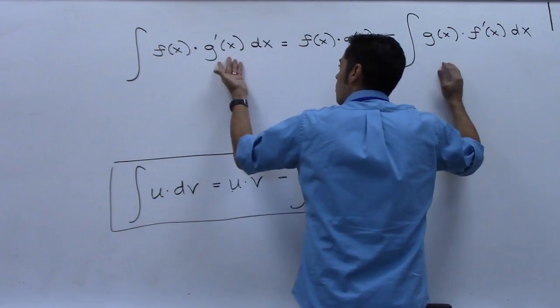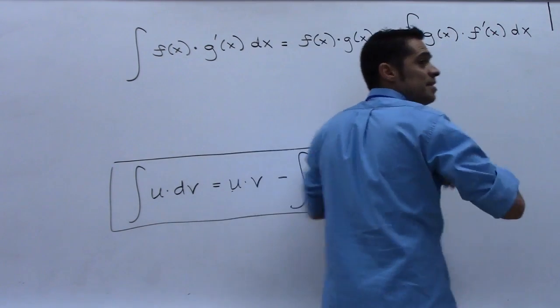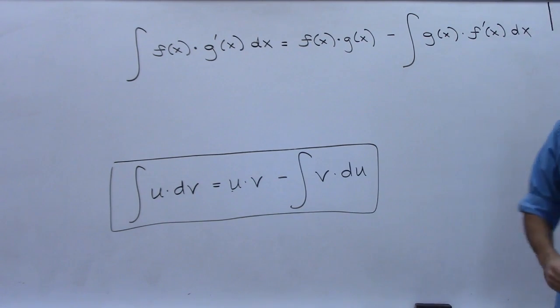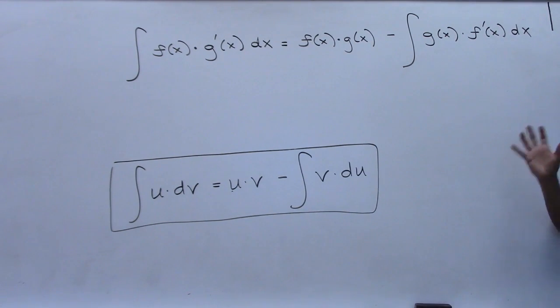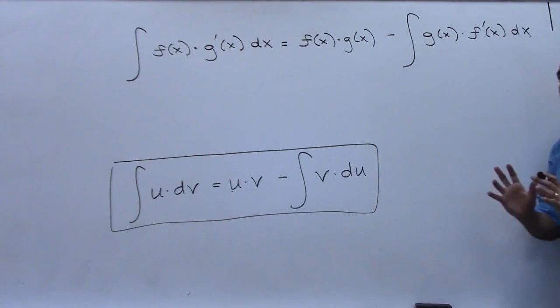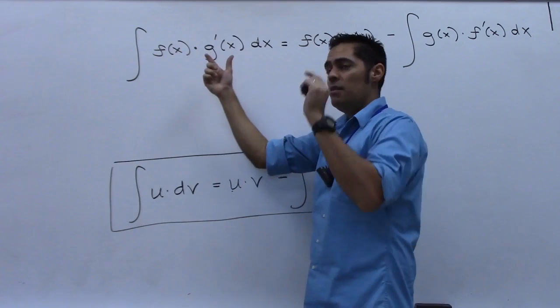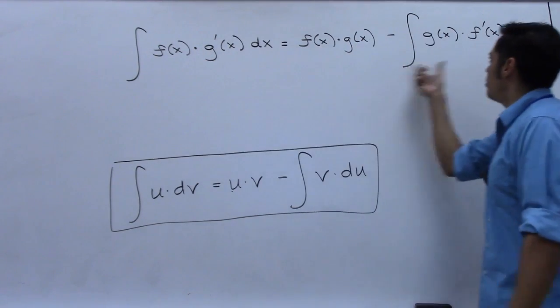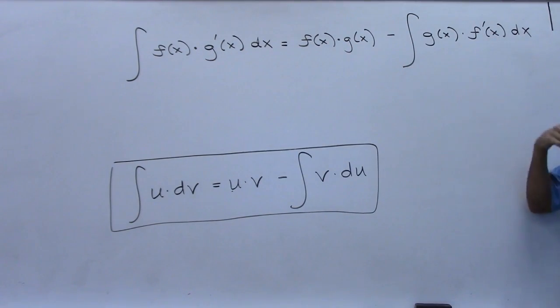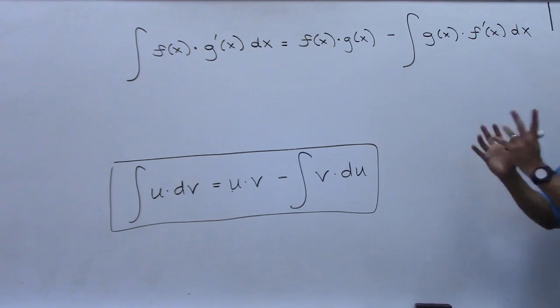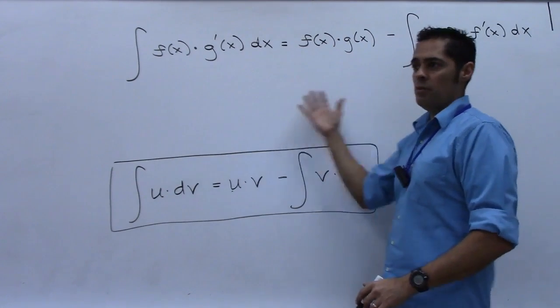And this function, whatever it was, in the new integral is its antiderivative. Do you see? Okay. That's the heart of this formula. What it allows you to do is take something complicated, and hopefully this switching of the derivative makes the problem easier. That's what you're hoping for. But it doesn't always work. It has to look a certain way for this to be valuable to us.